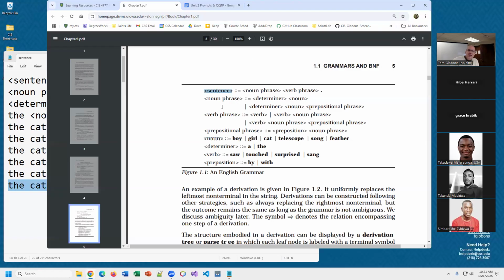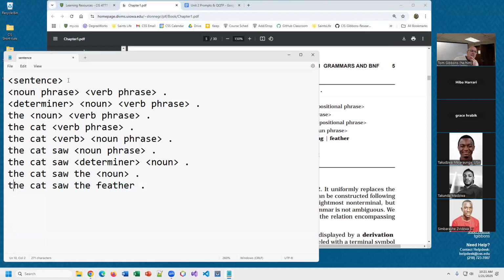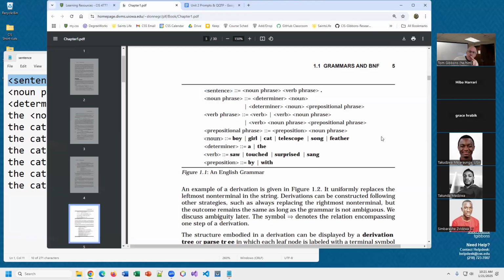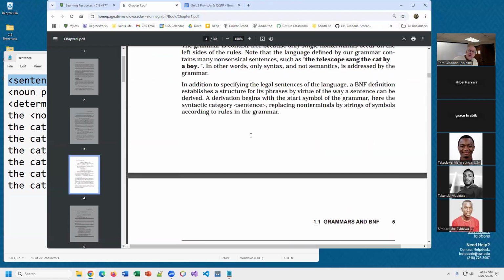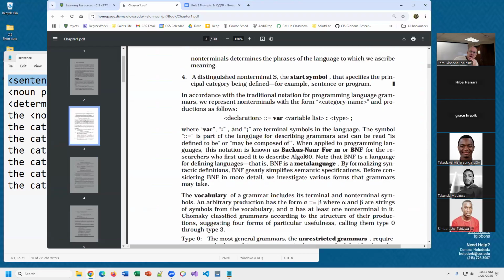But in this case, it is just implied that the first rule, sentence, is our starting symbol. When I started this off, I started with sentence and built from there, and they did the same here. So that's our grammar.